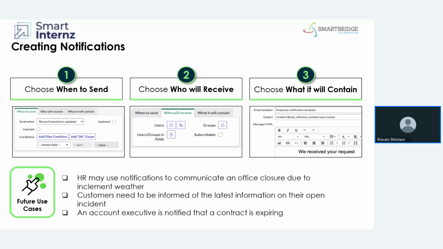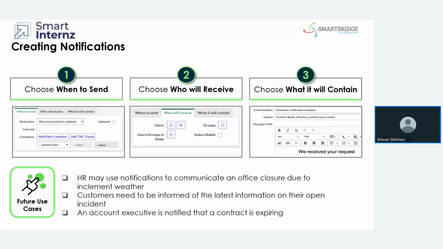There are some use cases. HR may use notifications to communicate an office closure due to inclement weather. Due to some weather, today's office is closed, so HR will use notifications to send it to all the users working in that company. Customers need to be informed of the latest information on their open incident.